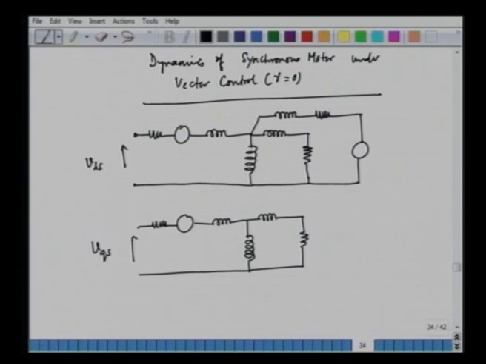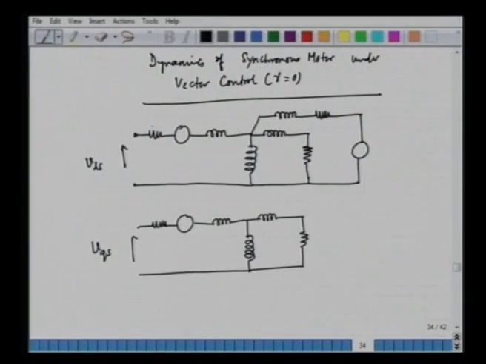In the D axis equivalent circuit, we can define the various parameters and also the variables. The stator resistance is RS, the stator leakage inductance is LLS, the field leakage inductance is LLF, the field resistance is RF, the damper leakage inductance is LLKD, and the damper resistance is RKD. All the variables are referred to the primary side.